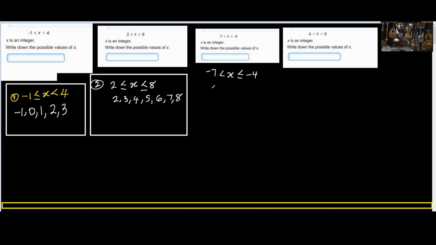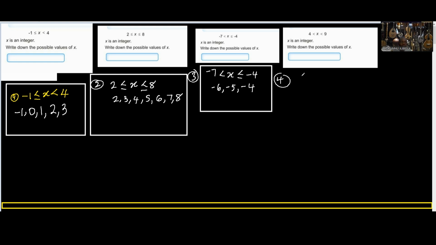So we now have, starting from -6, -5, -4, because x can also be -4 based on equal to. Okay, good.